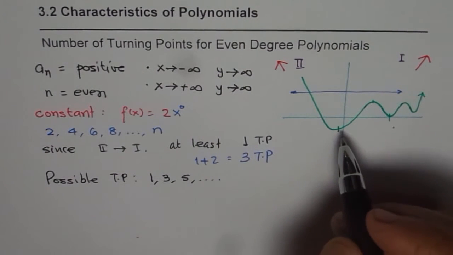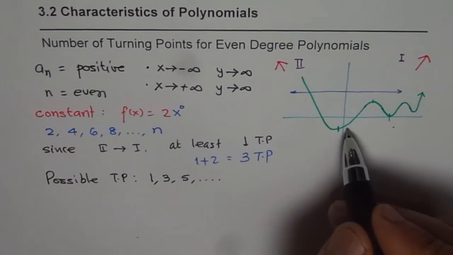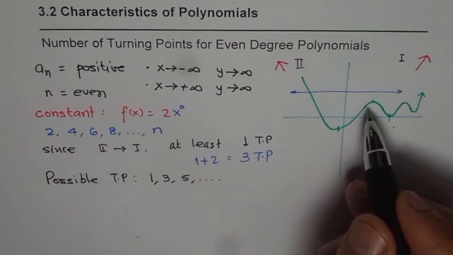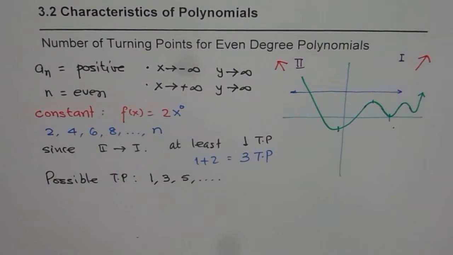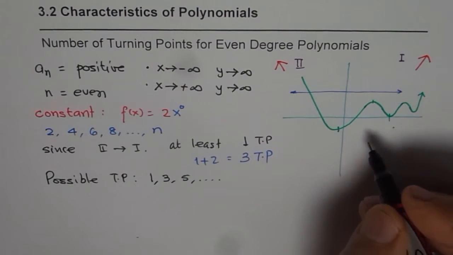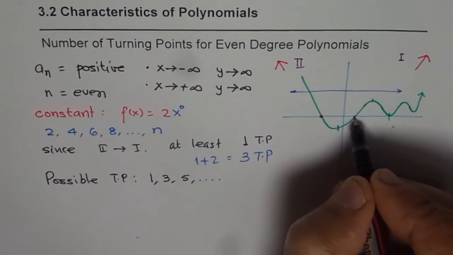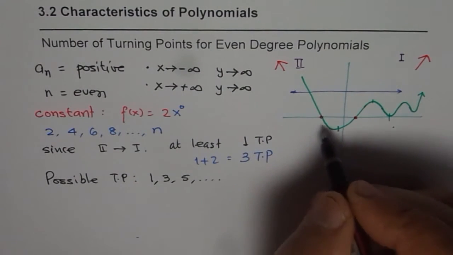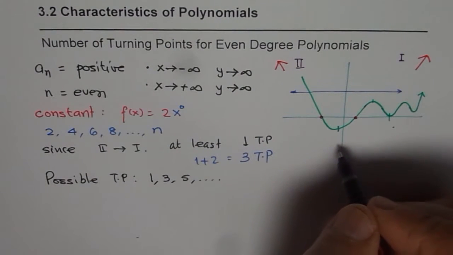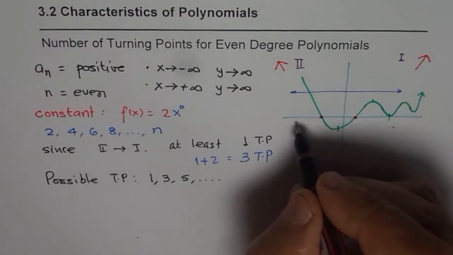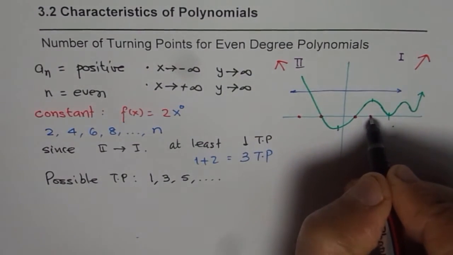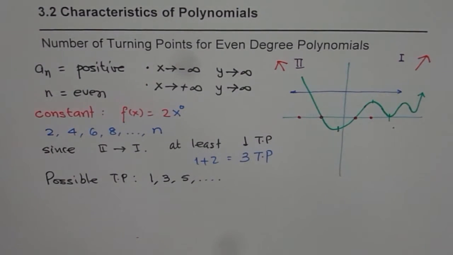As you see, a parabola, degree 2, has to turn once, right? If we have degree 4, how many zeros could there be? If there are degree 2, there are 2 zeros, correct? If I have degree 4, then maximum you can have 4 zeros. So let's assume that we have 4 zeros now. In that case, what happens?